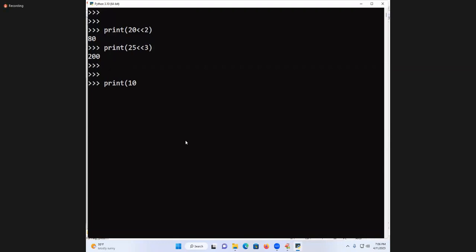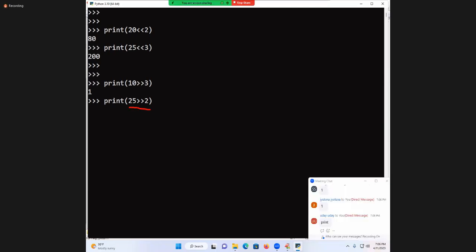Apply now, quickly. Print of 10 double greater than 3. The answer is 1. One more question: 25 double greater than 2. Answer please. What is this shift operator? Right shift.